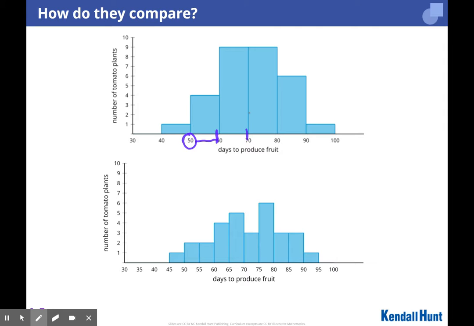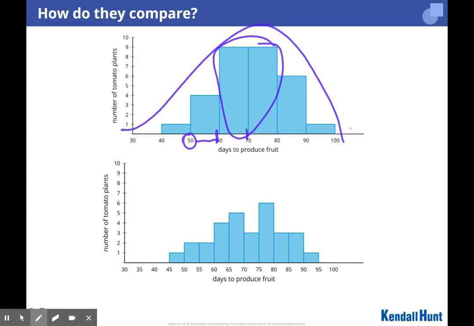The next question I asked was, what information is easily seen in a histogram? If you're looking at these histograms, the shape of the distribution as well as estimates for the measure of center and measure of variability are here. So you can tell that the majority of the tomato plants were right here for this one, and it is kind of bell-shaped.